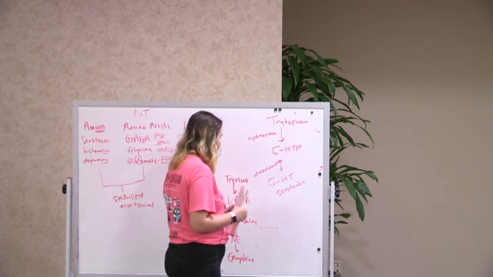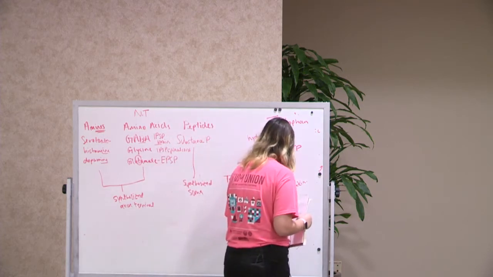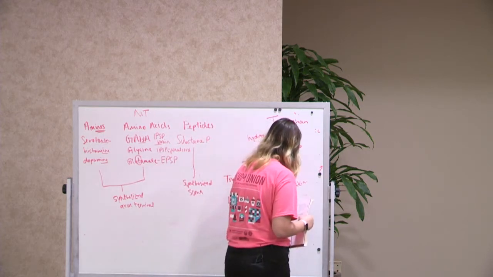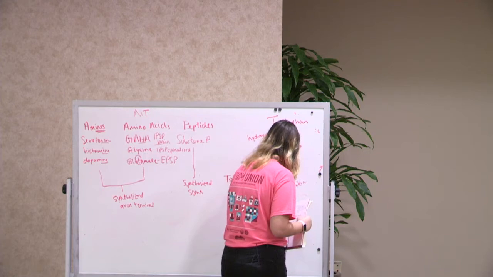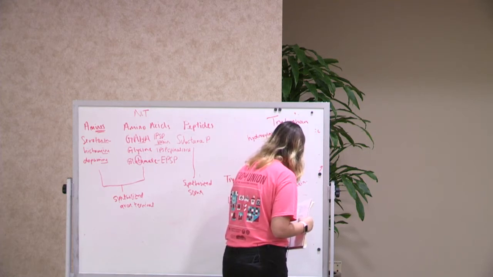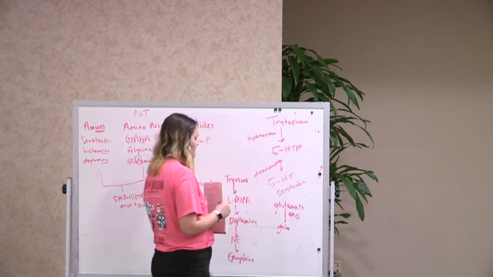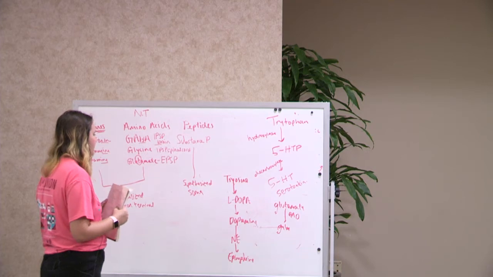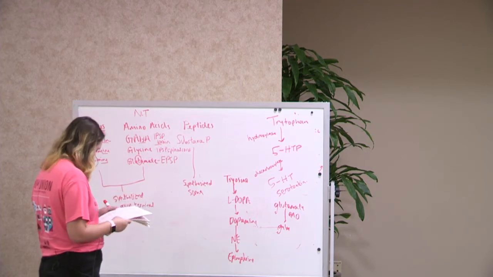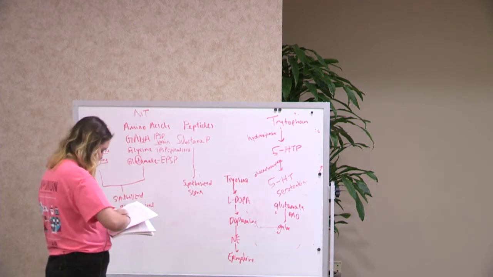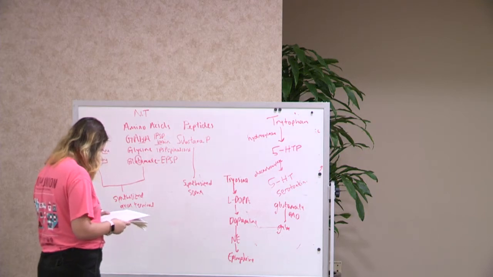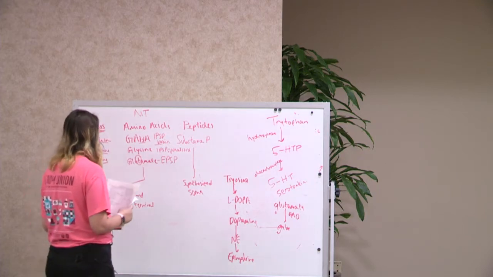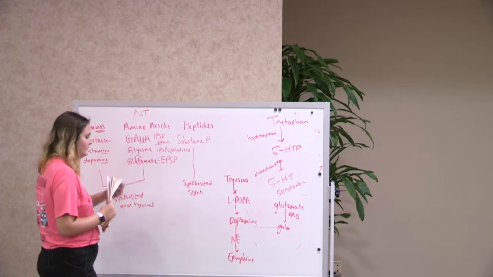And then lastly, glutamate to GABA is by the enzyme GAD, which is glutamic acid decarboxylase. But if you just remember the acronym, then you can figure it out on an exam. Okay. Can I erase this part? Okay.